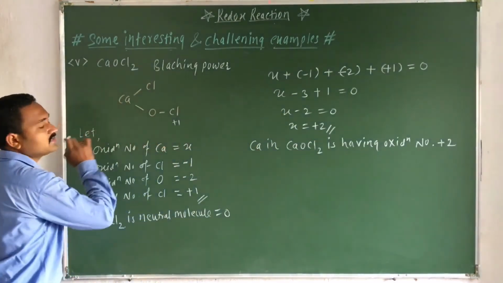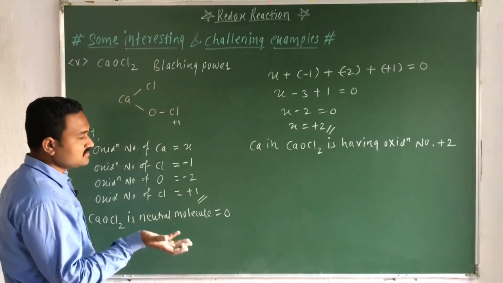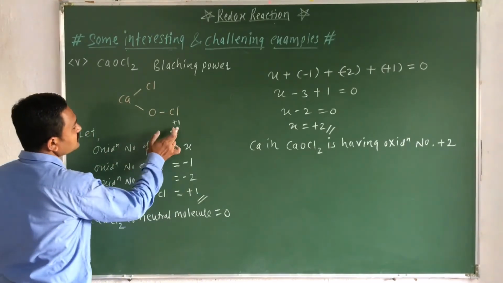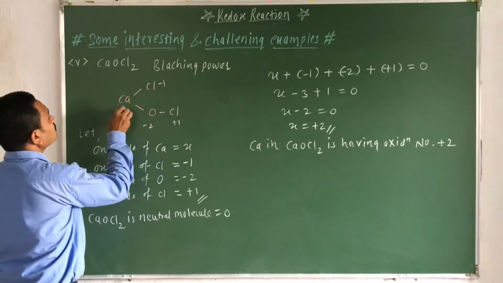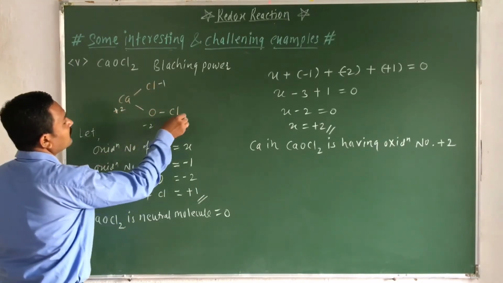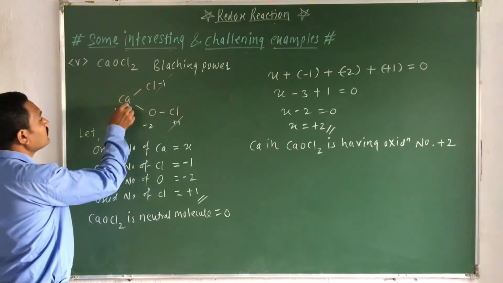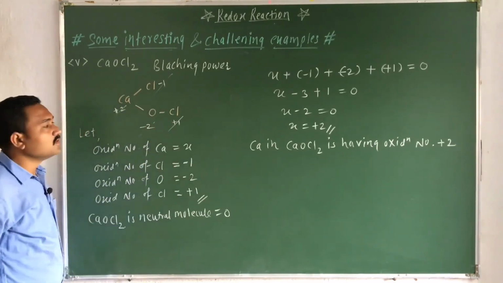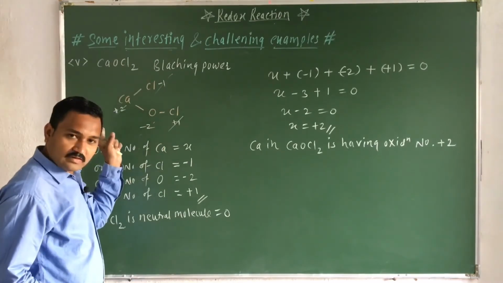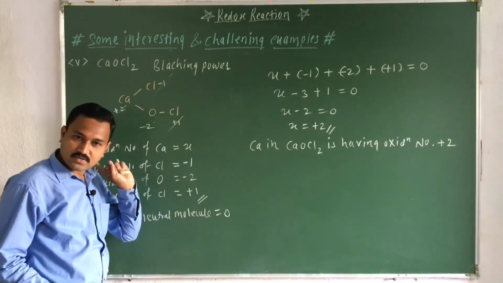Now find out whether that molecule is neutral or not. This is for our tally purpose. Okay, +1 -2 -1 +2. +2 -1 will cancel out, +1 -2 will be cancelled out. So it is neutral, its oxidation number equals 0.